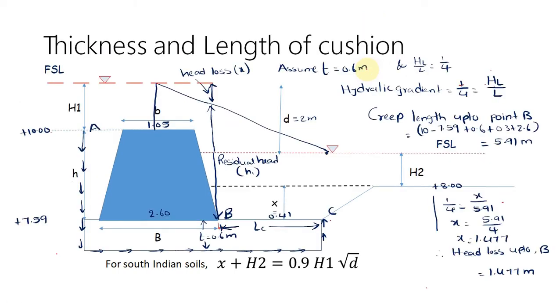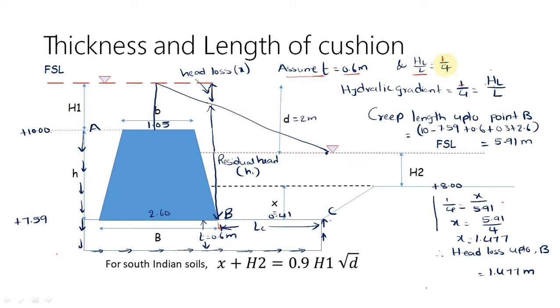Next, determining the length and thickness of the cushion. How can we do that? First we will go with the length of the cushion. So here, first assume the thickness of the floor T as 0.6 meter and the hydraulic gradient HL by L as 1 by 4.